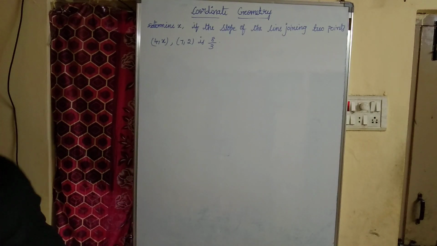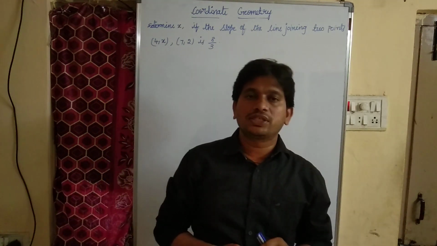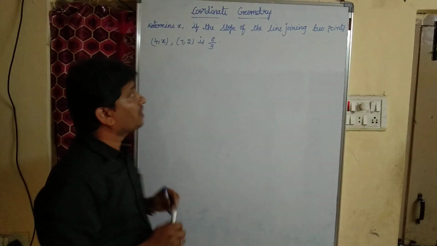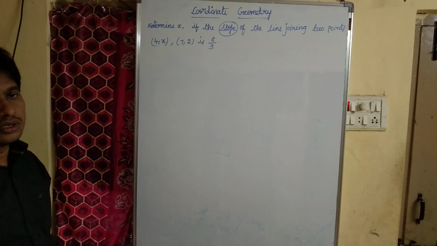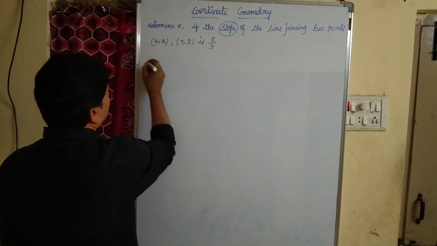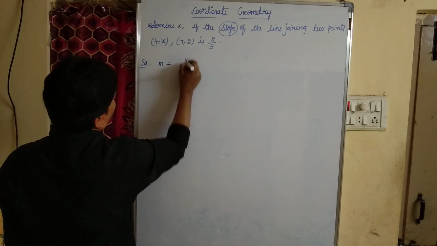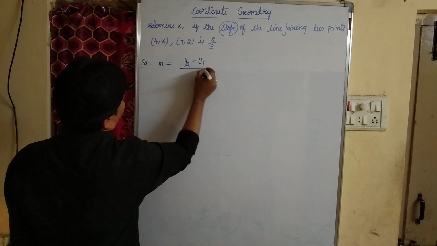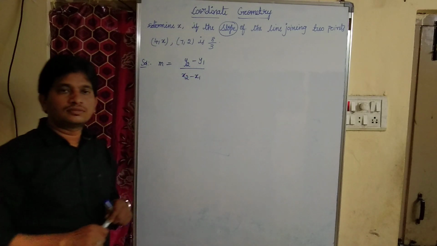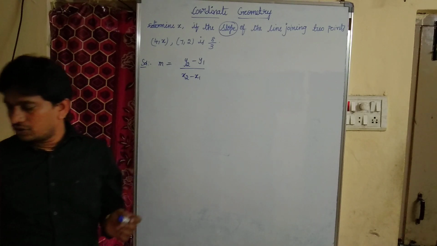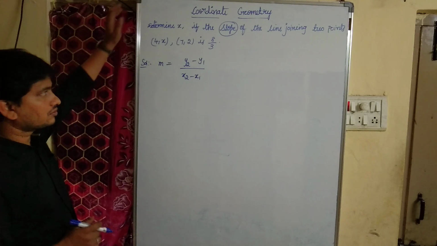So this is also an application based question, on the topic of slope. Children, do you know the formula for slope? As we know, the formula for slope is m equal to y2 minus y1 divided by x2 minus x1, right? That is the formula to find the slope of a line segment.